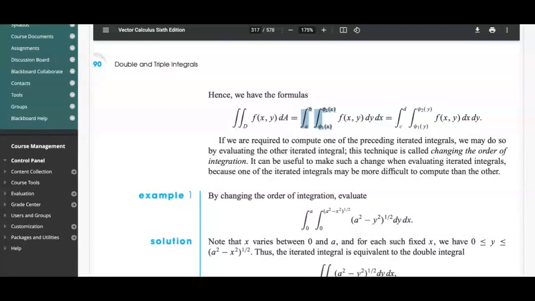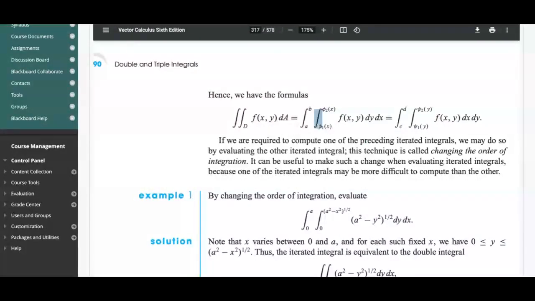In that case, we need to recalculate. Most of the time, we want to draw a picture of this region D. So the x direction goes from a to b, that's easy. Then the lower limit is a function of x, we draw that graph. The upper limit is a function of x, we draw that graph. Then we see the region. Then maybe the region can be re-represented. The y direction goes from c to d. Then we figure out the dependency of the x direction in terms of y.